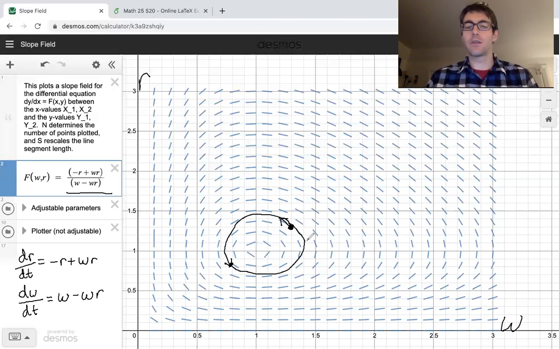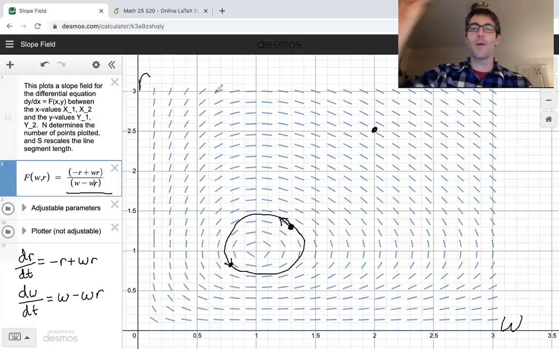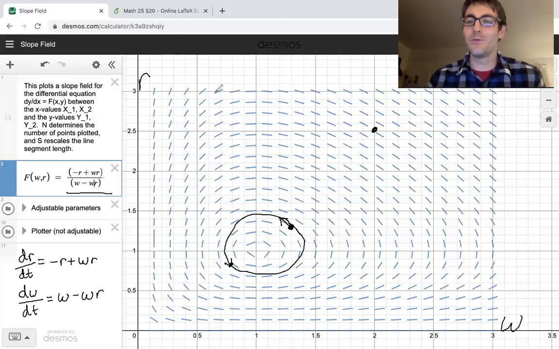Let's say we started off with two worms and 2.5 robins. And again, units are weird. We're probably more talking like 200 worms and 2.5 dozen robins or what have you.